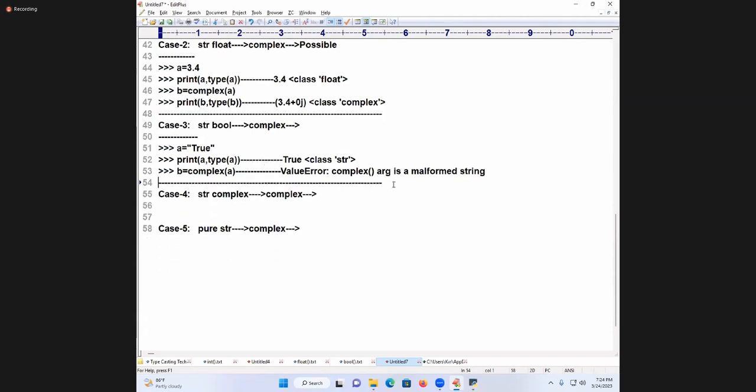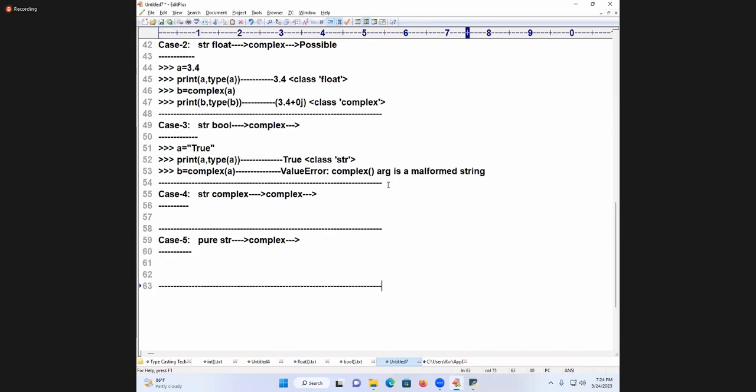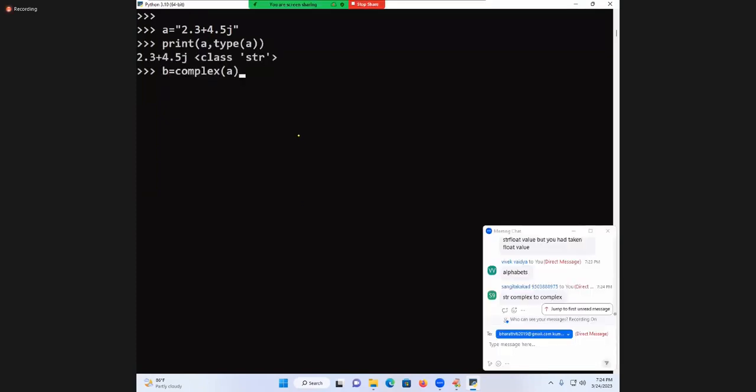So, done. Next, I am going for what? STR complex. STR complex I am going for. So, that you have to take care. A is equal to 2.3 plus 4.5j. Now, print of A, done, complex of this. Possible or not possible?